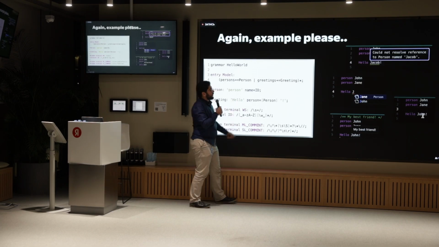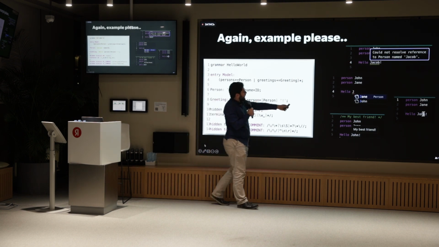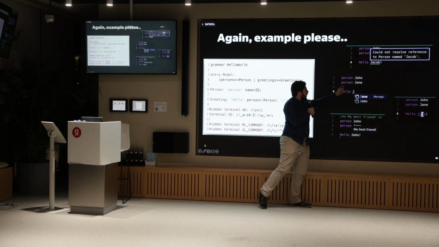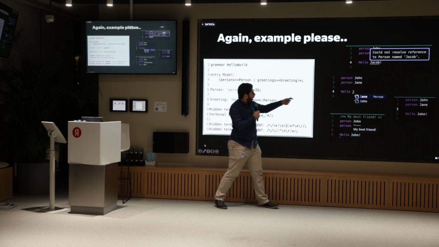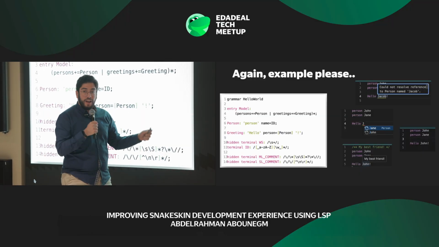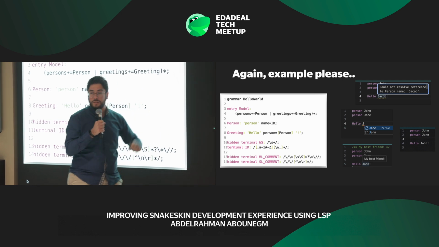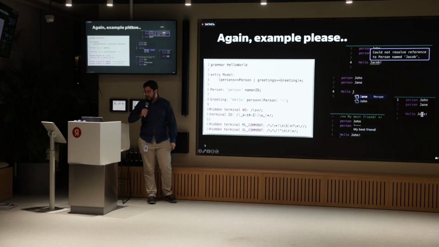So it resolves the reference and gives me errors when it cannot resolve it. It gives me autocomplete when it knows that this should be a person. Then it gives me autocomplete from the list of persons in this file. It gives me go to definition. When I command click on John, it takes me to where it's defined. And it even has hover information for JSDoc. All of that just from this grammar file, which is amazing.